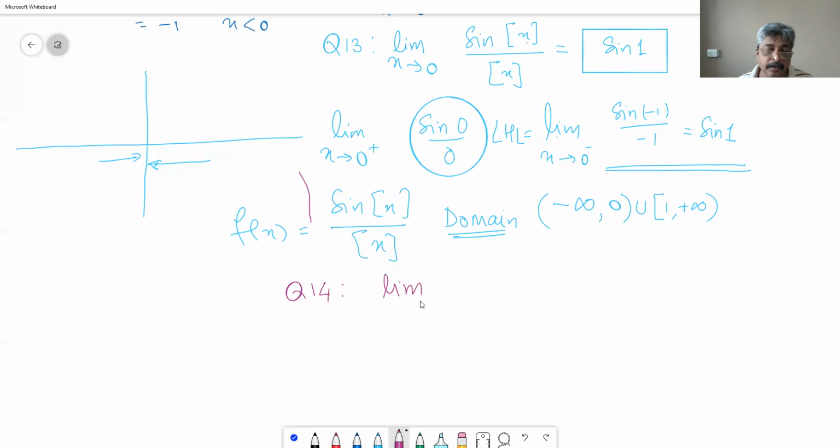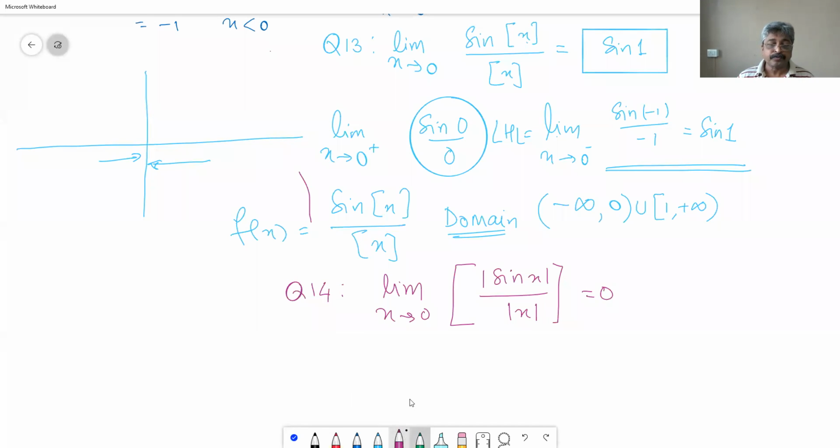Limit x tends to 0, greatest integer of mod sin x upon mod x. Okay, correct answer for this is 0.